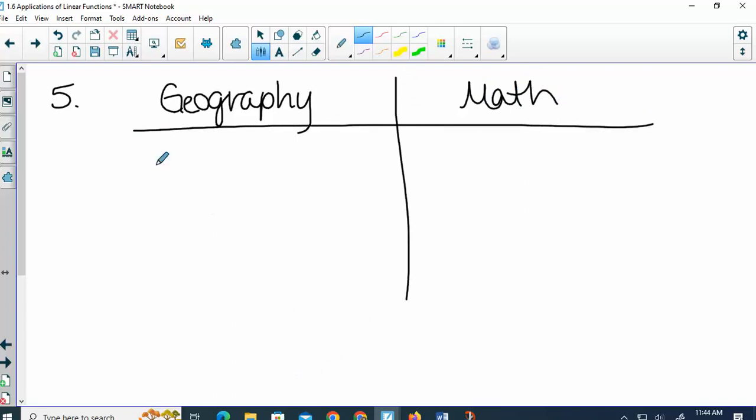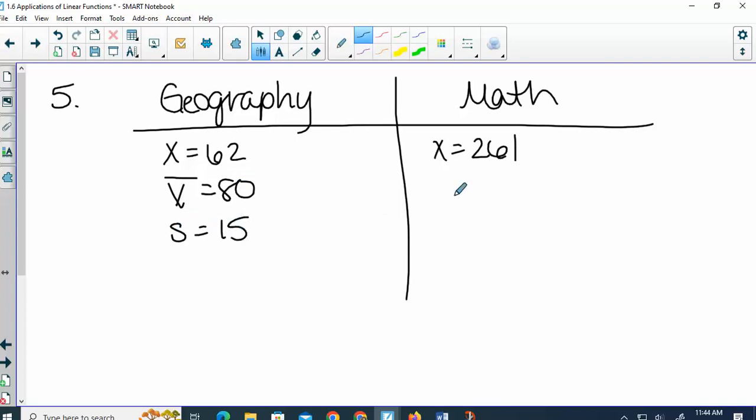In geography, we know their score was 62. And on the math, their score was 261. Geography, the mean was 80. Standard deviation 15. Math, mean is 300. Standard deviation of 26. So we have to find the z-score for each.